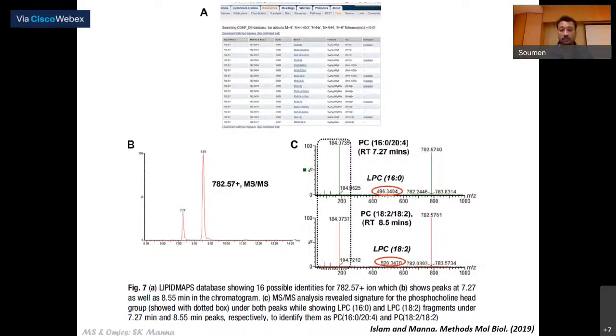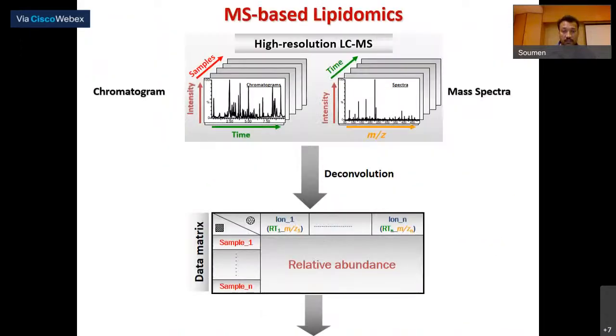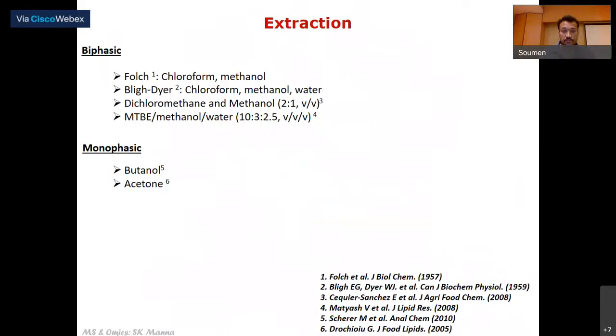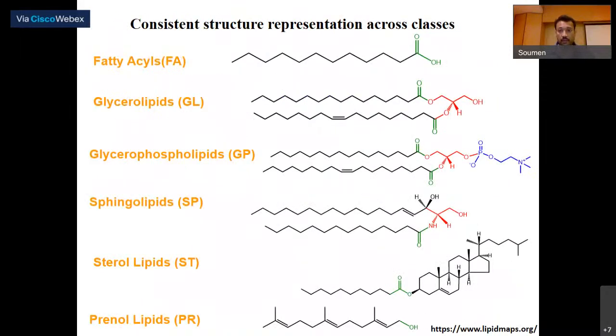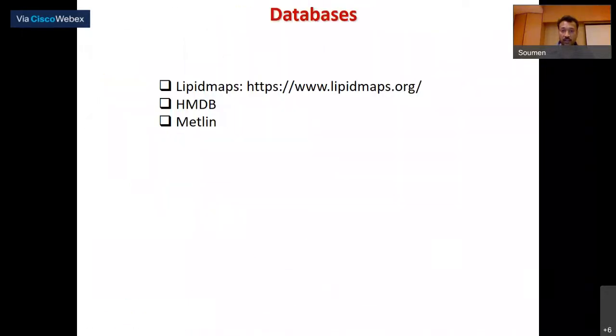Okay, so this is SN1, SN2. Whether a fatty acid is present in here or they are exchanged, you will guess reasonably based on the fragmentation pattern that we just discussed.